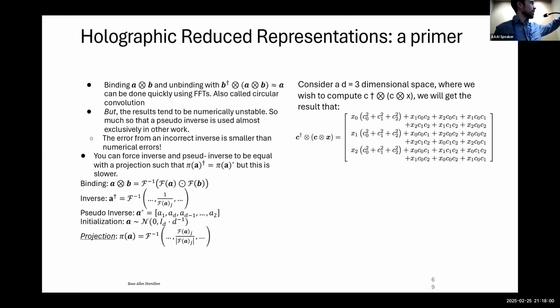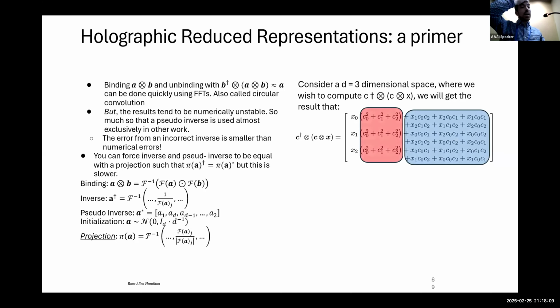And if you write out this product, you get this sort of ugly matrix. I'm going to make this less ugly for you, don't worry, because I'm not good at math either. So I'm going to highlight a set of red and blue values in this resulting matrix. Now, a key thing in almost every VSA is how do you initialize the values in your vectors?